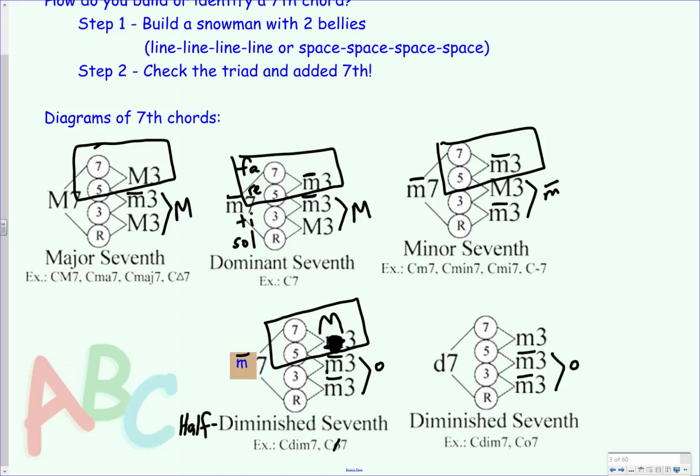And the next one would make a lot of sense, because what we do is we take the 7th and we can lower it 1/2 step to make it fully diminished. So in the diminished 7th chord, from 5th to 7th, we have a minor 3rd, not a major 3rd like the half diminished.